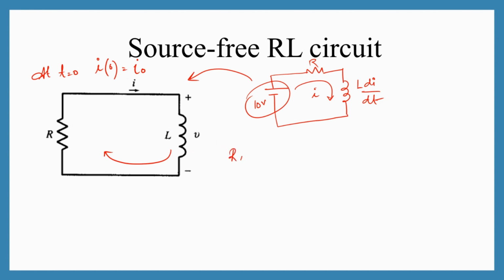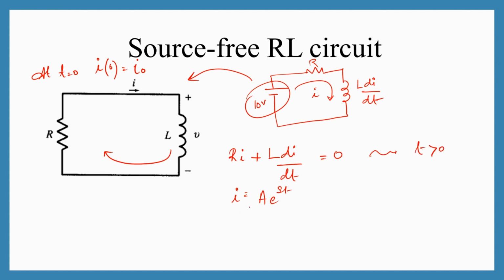So, Ri plus L di by dt, the drop across the inductor, is equal to 0 because this is a source free circuit. The solution to this is going to be I equal to A e power st. This is valid for t greater than 0, isn't it?